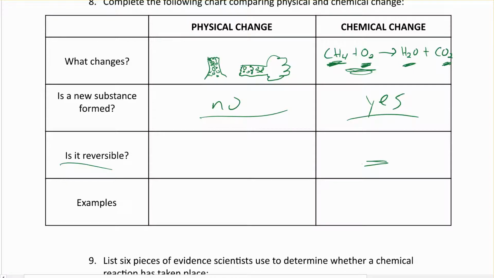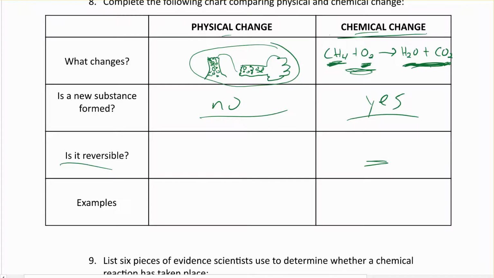But people in my class keep looking at the picture of the tree being cut down, and they're like, but I can't reverse that tree being cut down, right? So it's probably a bad example. I'd say the better way to think about physical and chemical change, like I said before, is to ask: do you get a new substance out of it? If you do, it's a chemical change.